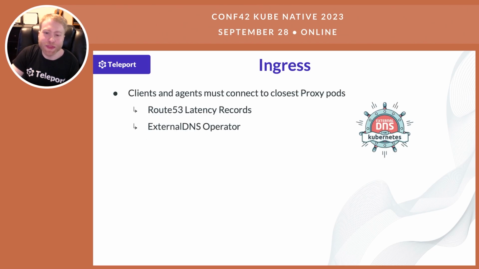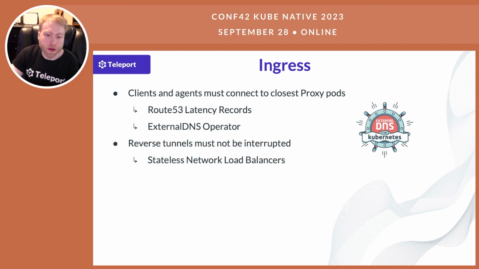And so now I'll talk about what we did do. Our ingress stack, at the DNS level, we used Route 53 latency records with the external DNS operator. And so the external DNS operator would publish latency records to Route 53 based on the NLBs, the network load balancers that would sit in each region.